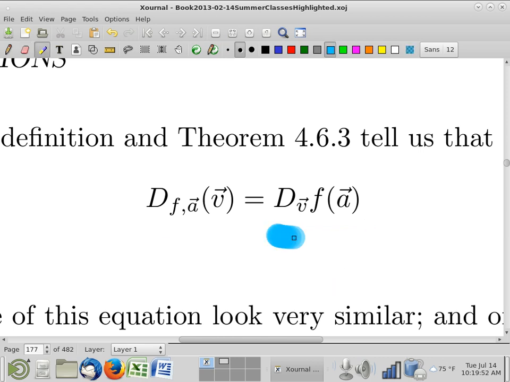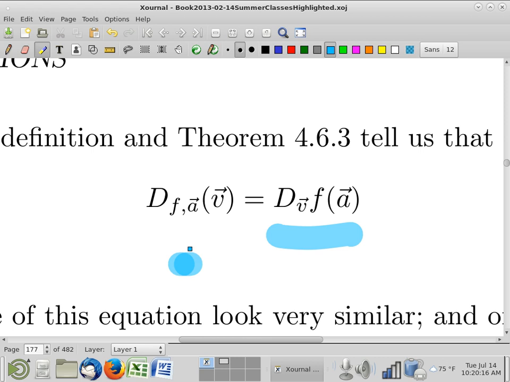This says, I'm going to look at this function f, starting from the point A, and one direction at a time, look along certain direction vectors v. So this is a relatively simple object. One direction at a time. This is ultimately kind of a single variable derivative applied in a multivariable setting.